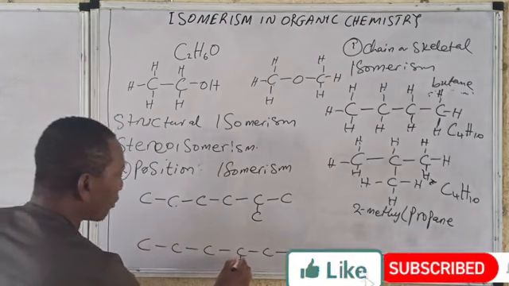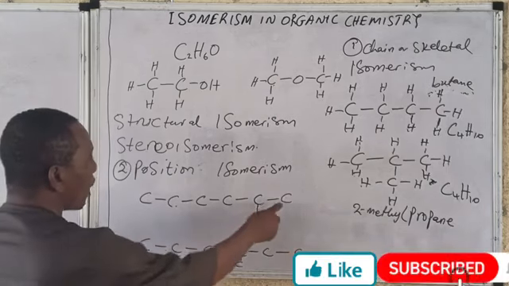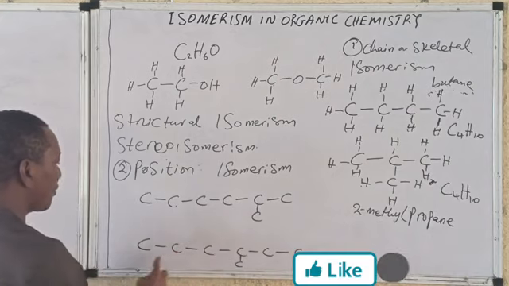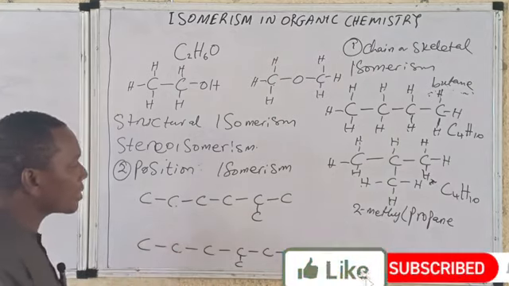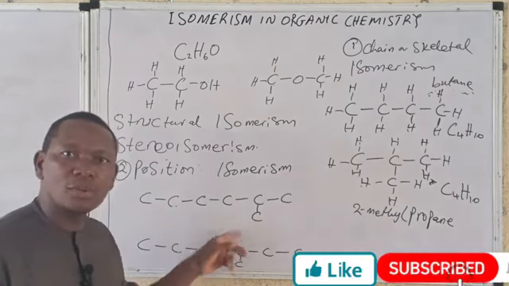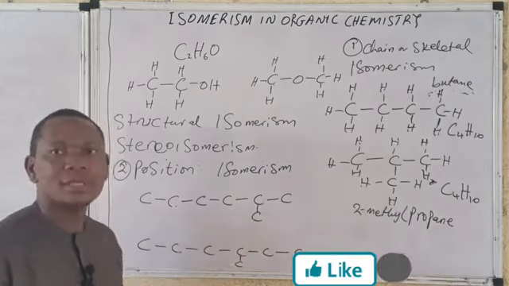I'll have a carbon chain here. Notice that we have 1, 2, 3, 4, 5, 6, 7. Here, 1, 2, 3, 4, 5, 6, 7. But the difference in this place is the position of the constituent.